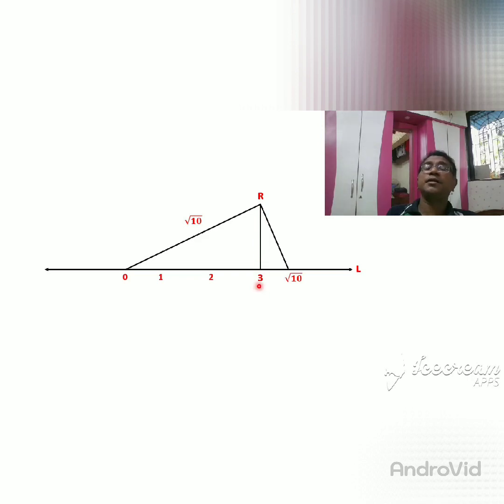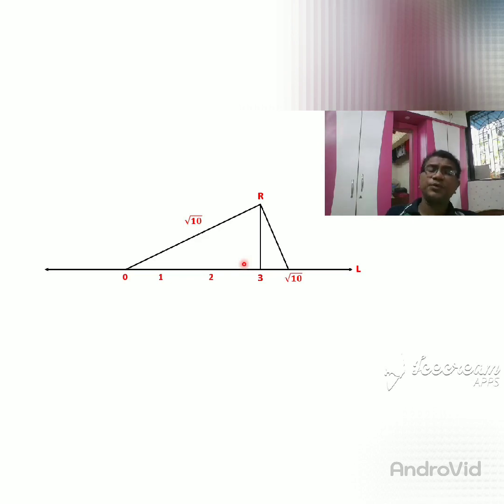Here is A, consider A. So RA is perpendicular on number line L. So RA is equal to 1. So this is the triangle RAO, and it is a right angle triangle. So we are using PGT.